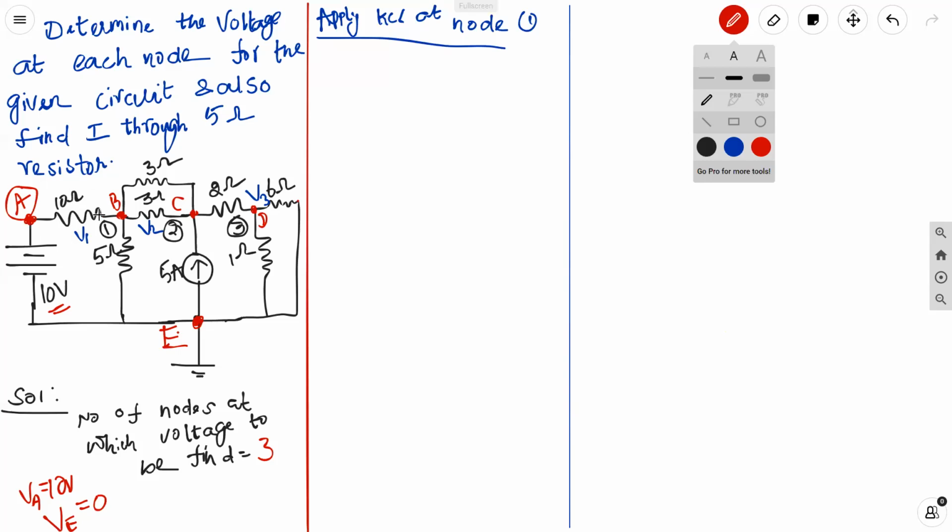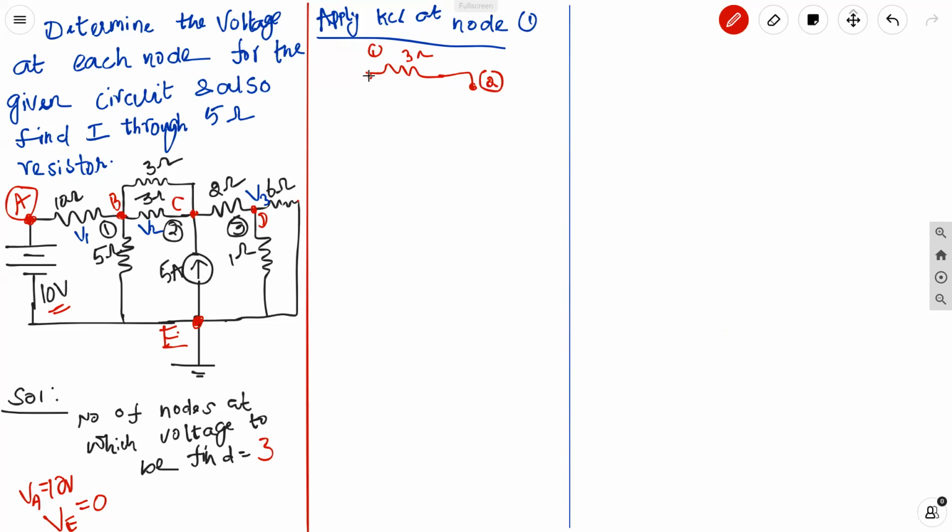See, node number 1 is connecting how many elements? 1, 2, 3, 4 resistors: two 3 ohm resistors, one 10 ohm resistor, and one 5 ohm resistor. So it is connecting 4 elements in total. This is node 1, and this is a 3 ohm resistor connected to node 2.